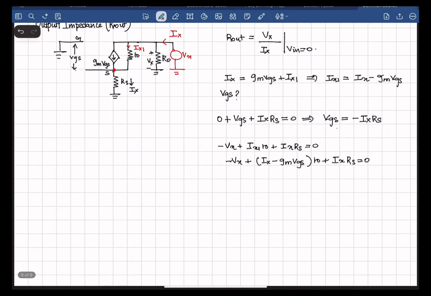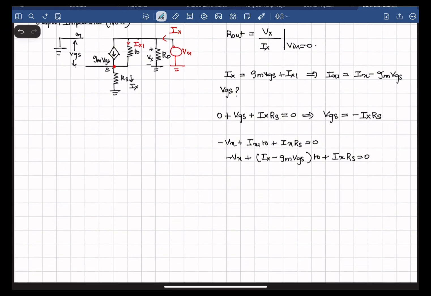We know VGS is equal to minus Ix into Rs. So minus Vx plus (Ix plus Gm Ix Rs) into Ro plus Ix Rs is equal to 0.